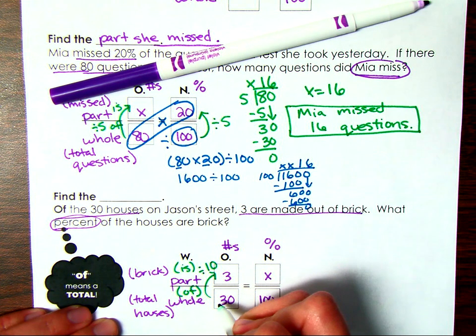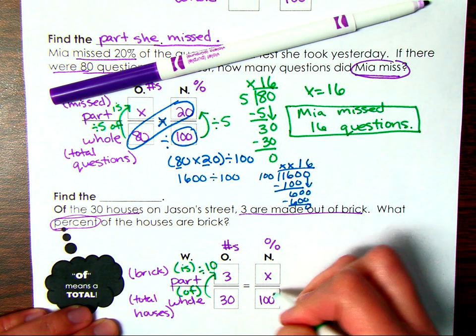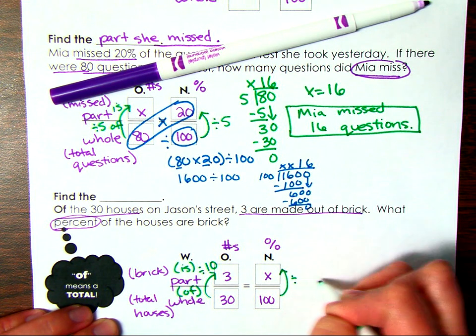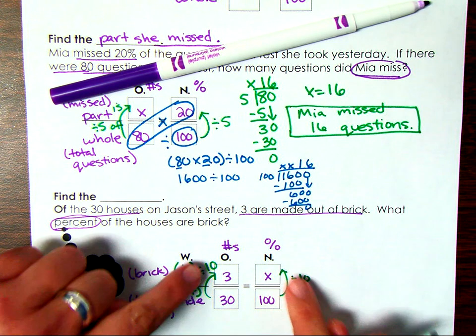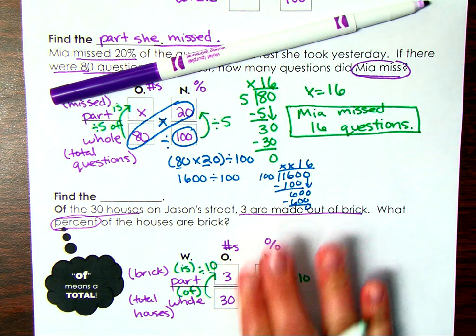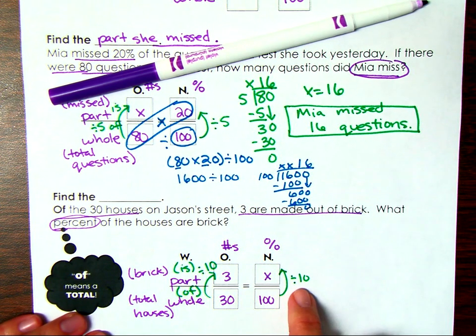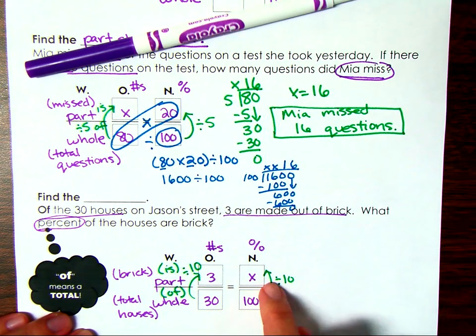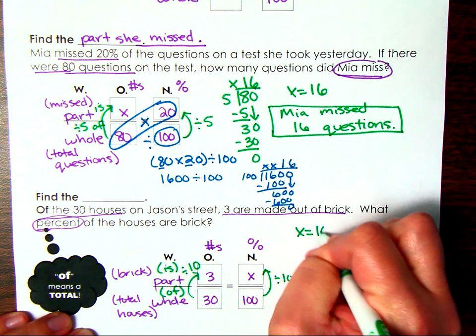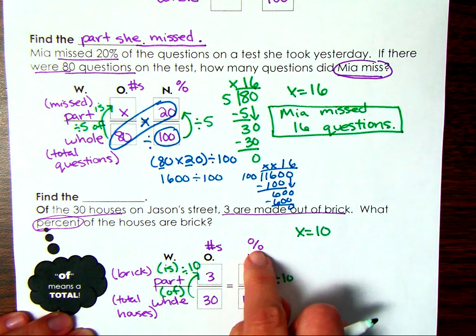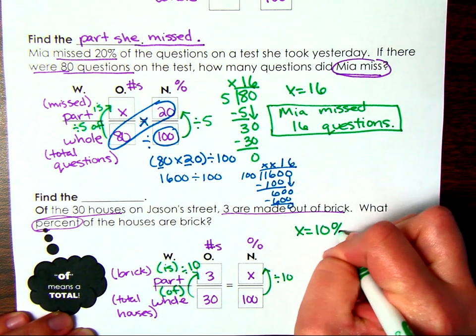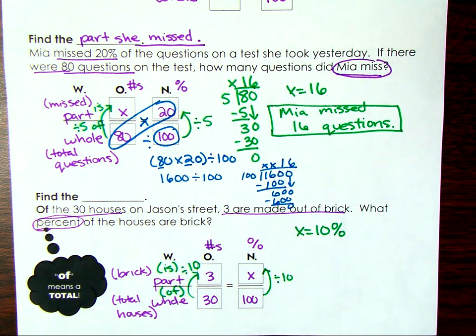So what I do to the left, bottom to top, I'm going to do to the right, bottom to top, from denominator to the numerator. So this is a within, because you're looking within one ratio at a time, within factor change of divide by 10. So 100 divided by 10 is 10, but it's not 10 houses, it's 10%. So X isn't just 10, you have to have that percent sign.